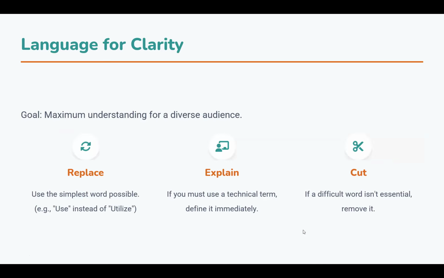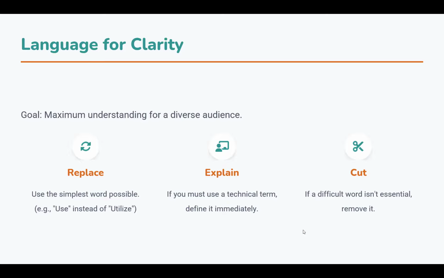What language makes your presentation clear enough? Your goal is maximum understanding for a diverse audience. You are getting the outfielders into the field and you are trying to locate them in the infield, right? So we advise you to replace your terminology with the simplest words.